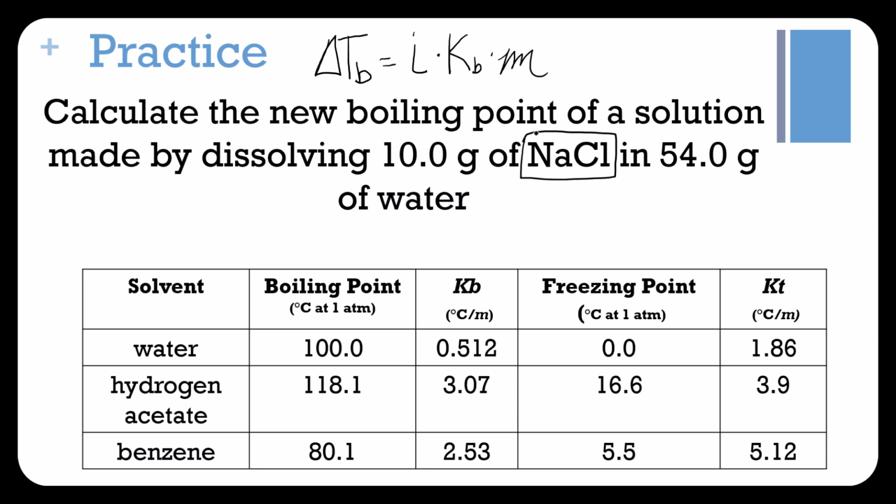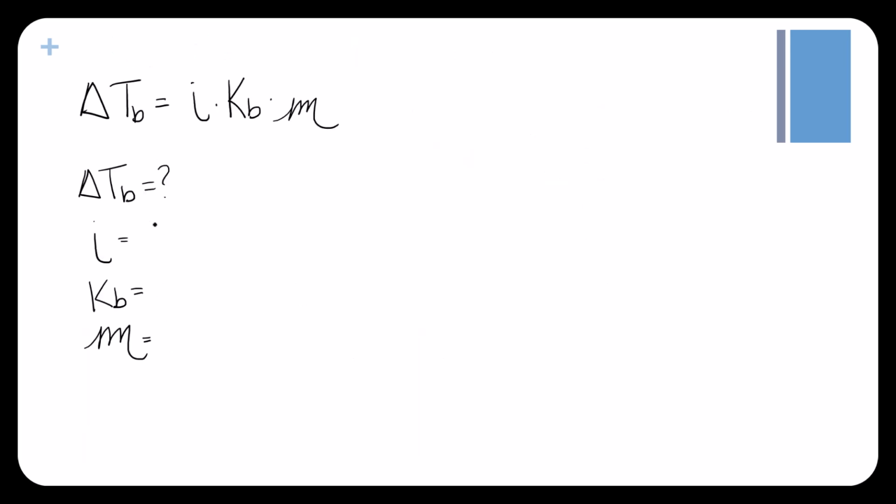We know ionic compounds will dissociate or break apart in solution. Now we need to decide how many particles that's going to dissociate into. Sodium chloride is going to be sodium and chloride, so the Van't Hoff factor here is 2. I'm going to go ahead and plug that in.